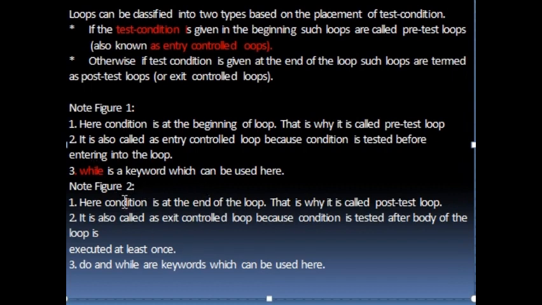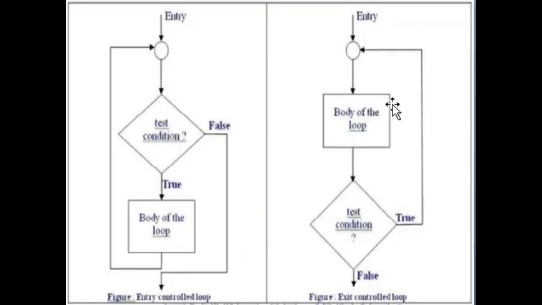In the post-test, what is happening? The condition is at the end of the loop. So this is called post-test. It's also called exit loop, because the condition is tested after the body. See, we can see the body of the loop is first. The condition is tested after entering into the body of the loop.